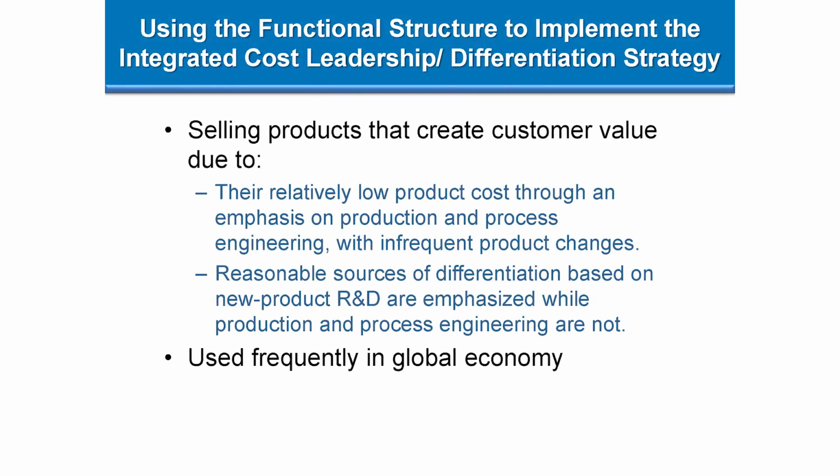A firm pursuing an integrated cost leadership and differentiation strategy forms a functional structure but focuses on the two activities separately, such that it focuses on relatively low production cost in production and operations with frequent product change, and emphasizes differentiation of new product R&D as well.